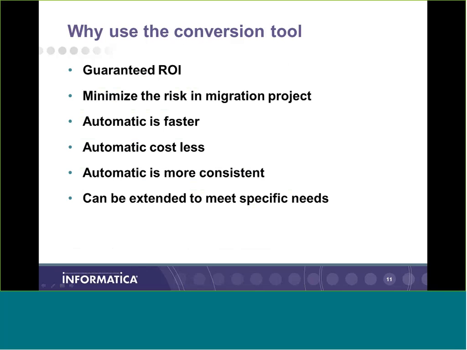A reasonable amount of time to convert those manually would be 15 to 30 minutes, which translates into 100 to 200 hours. With that level of investment in the tool, you are expected to get a 95 to 100% conversion rate, and by that alone, you could justify the use of the tool.